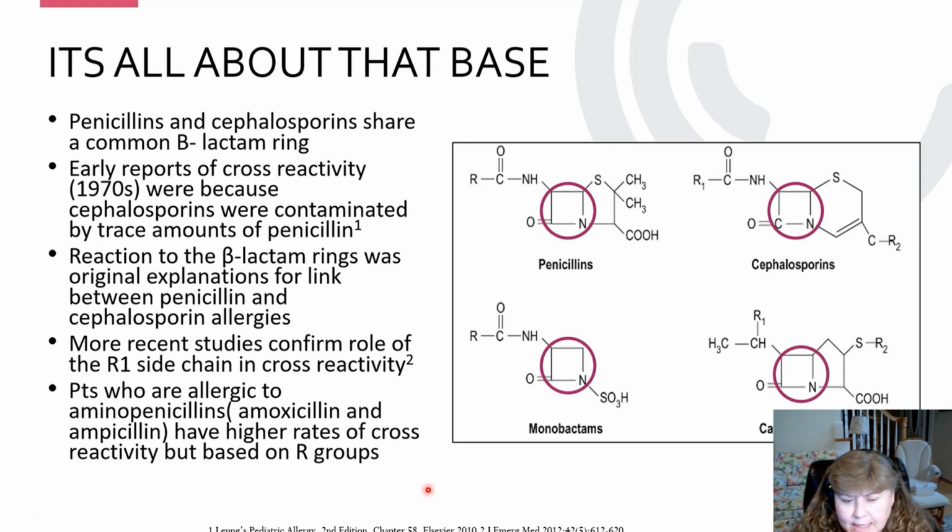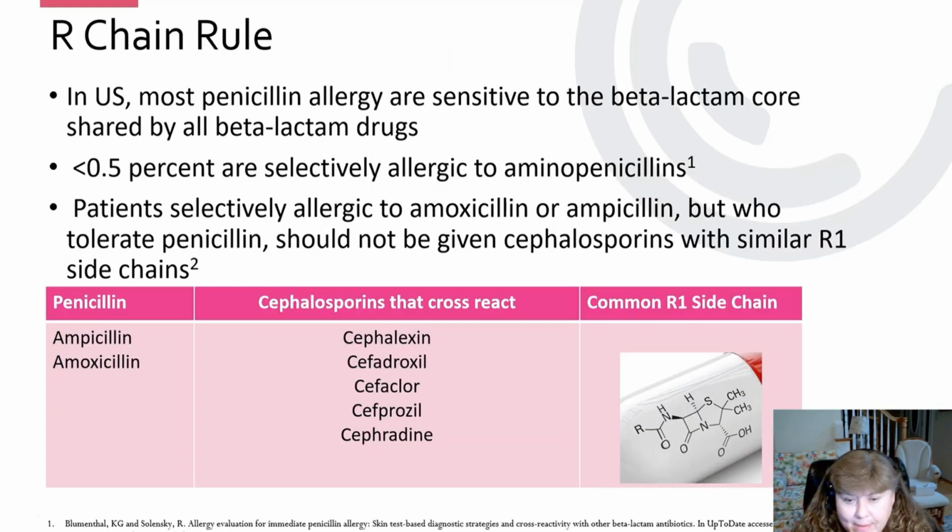People who are allergic to aminopenicillins, that's amoxicillin and ampicillin, have higher rates of cross-reactivity with cephalosporins, but again, it's because they share a common R group. So what do I mean by that? Well, here's an example of two penicillins that have the same R group, and these are the cephalosporins that have the same R group.